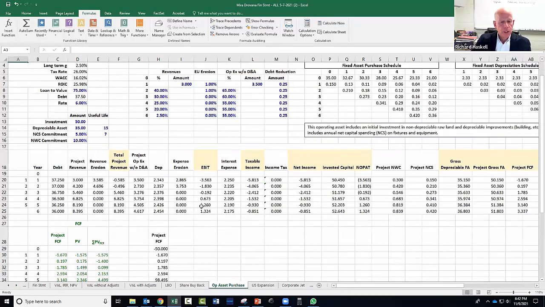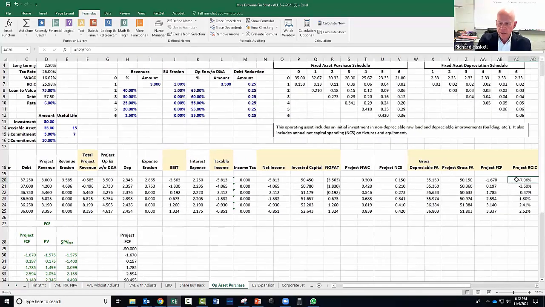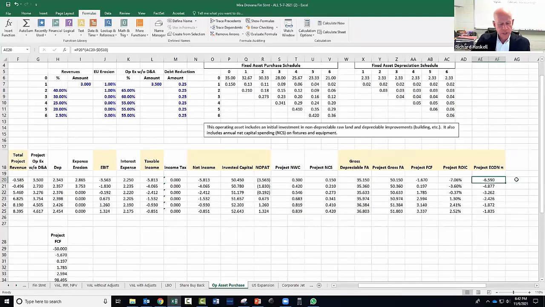Okay, so now I've got a little bit of an understanding of what's going on here. I still want to examine this project economic profit, which I now recognize is my invested capital, which is the money we put into the event space, both our money and the bank's, plus the net working capital we had to have committed to do that.